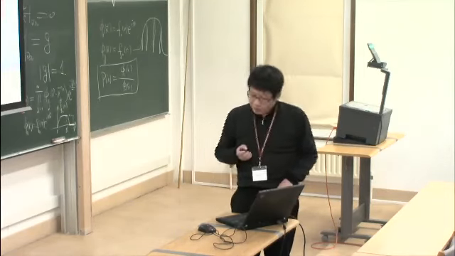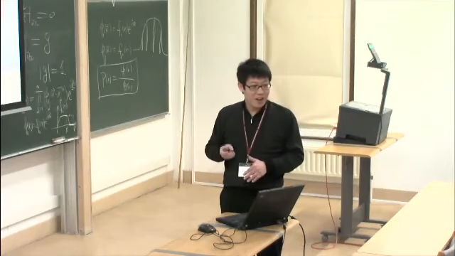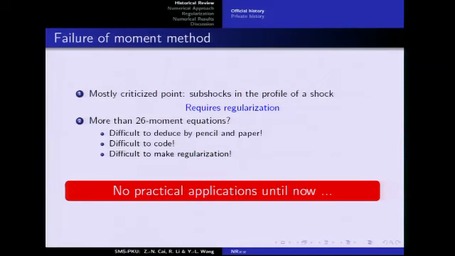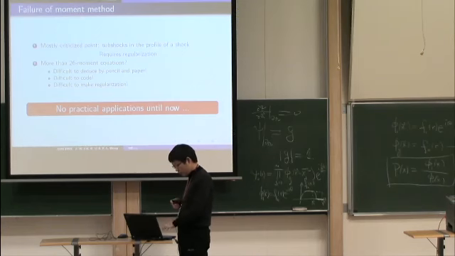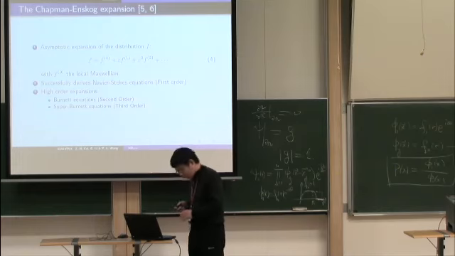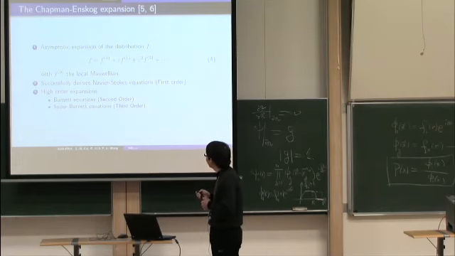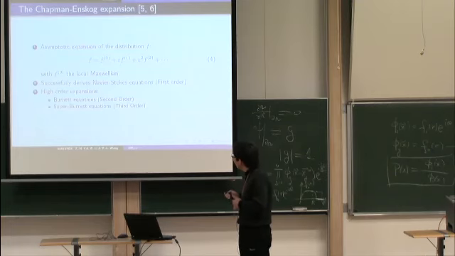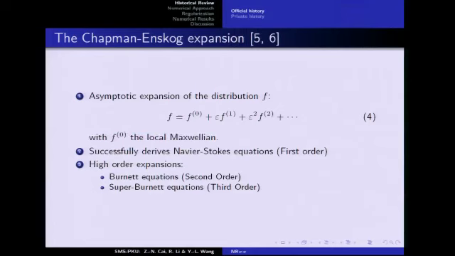So, in fact, though it is beautiful in mathematics to use the moment system, there are no practical applications until now. And then the other thing I should mention is the so-called Chapman-Enskog expansion. This expansion is trying to make an expansion of the distribution function around the local Maxwellian, and this epsilon is the Knudsen number, the collision rate.